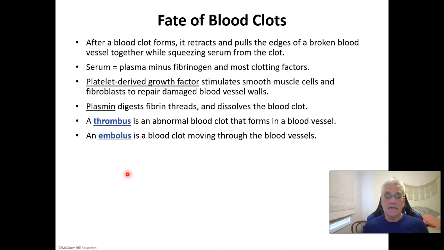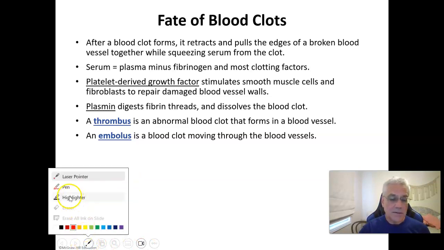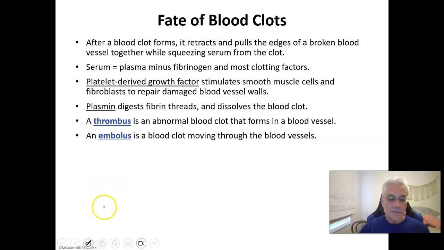Then we may initiate a therapy where we give you a substance called TPA. TPA is a small t. Let me see if I can draw it on the screen.